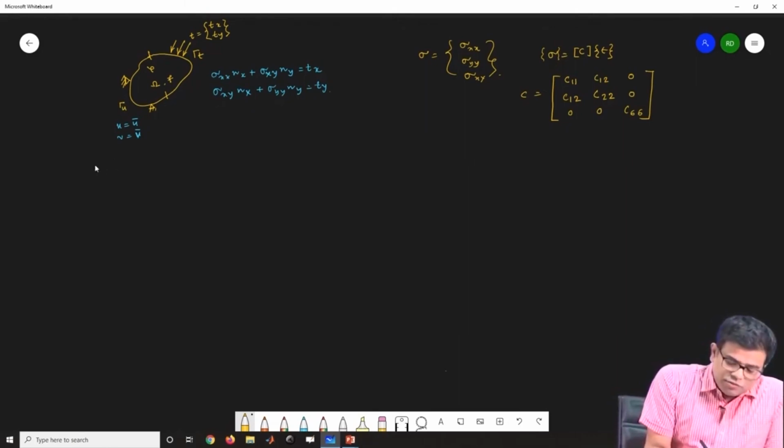For a two-dimensional problem, we have to multiply with h, the thickness of this body. Then the integral over omega, or v, whatever you call it. We have two weight functions, w1 and w2.